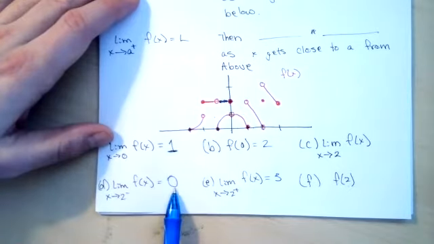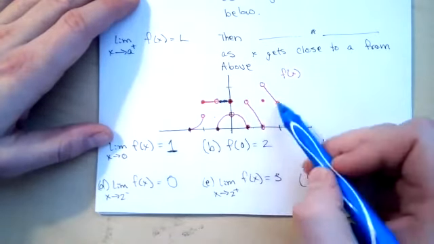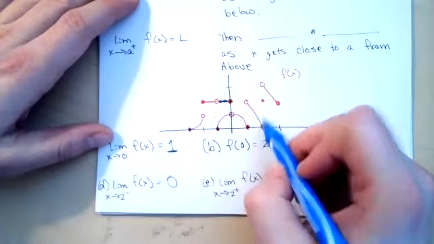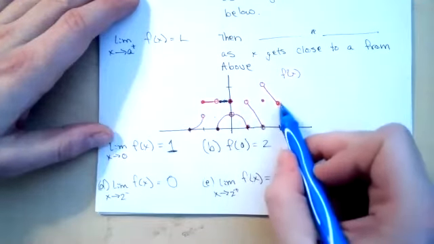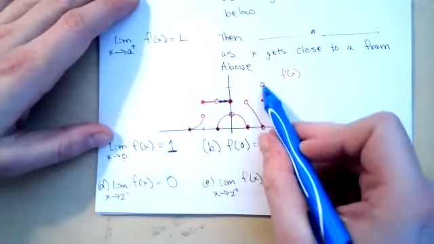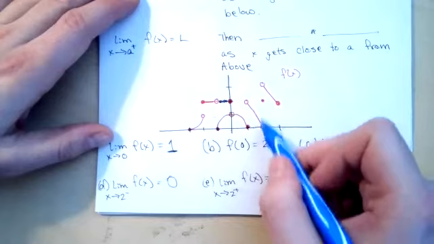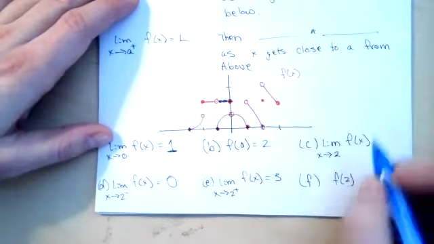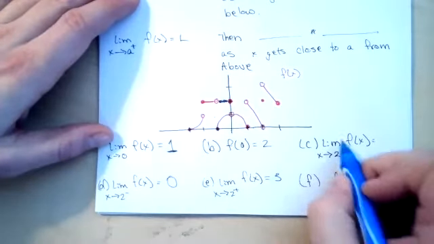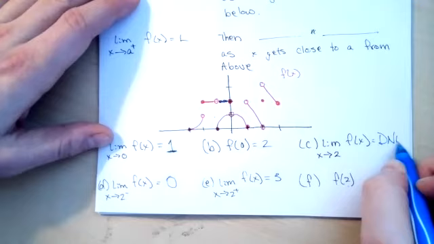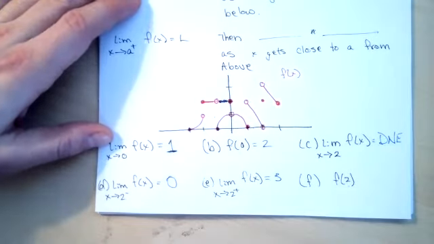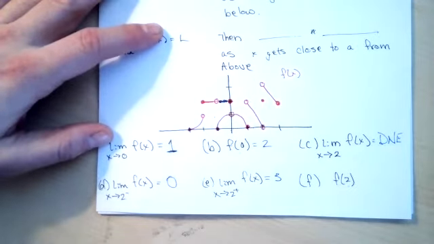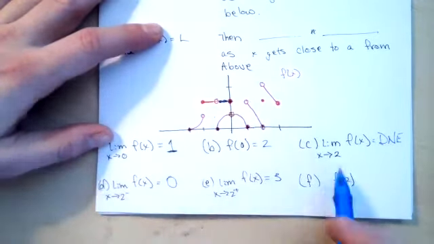So since the left-sided limit and the right-sided limit are different, meaning that if I trace the curve from the left and if I trace the curve above from the right and both shrink towards the x value of 2, we're touching different points. So this limit, the full limit, does not exist. However, the value of the function does.